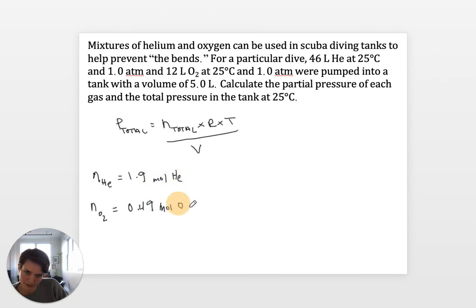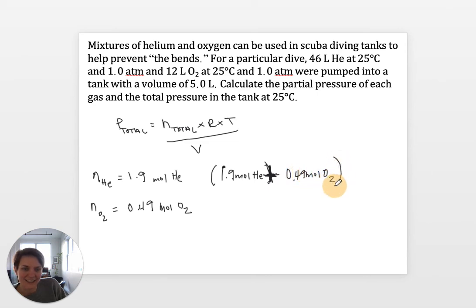So if we wanted to solve this without finding the partial pressure of each gas, all we would have to do is say 1.9 mole of He plus our 0.49 moles of O2.